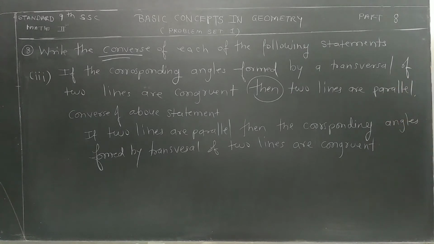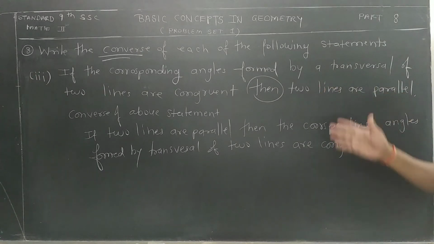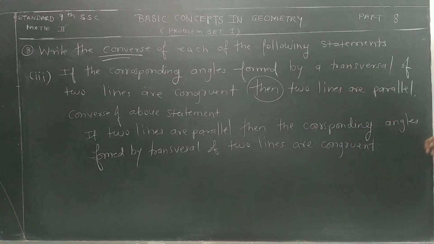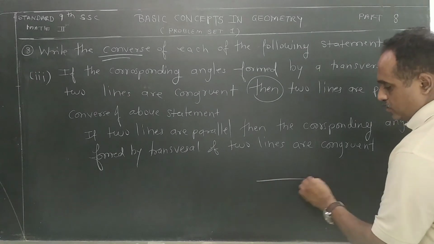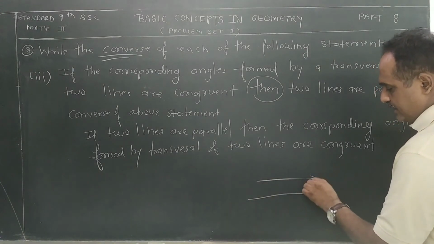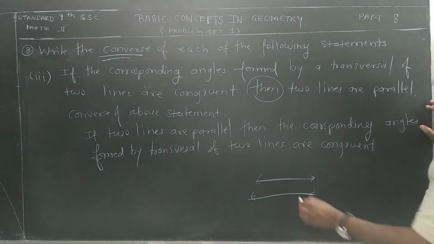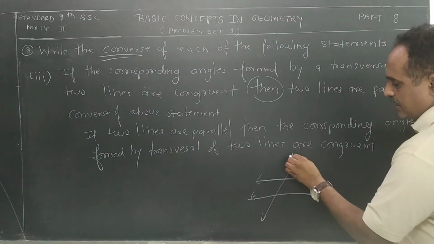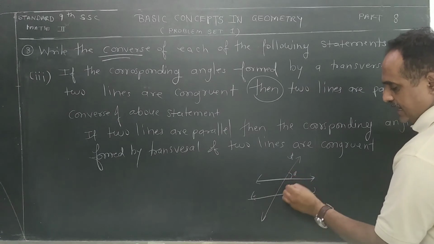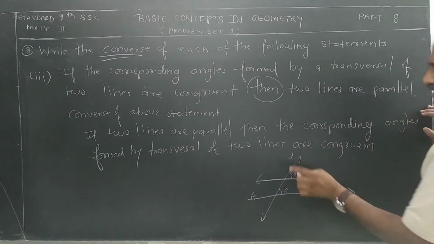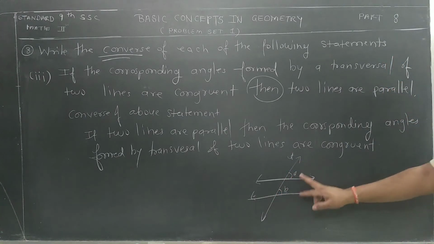This is a statement. Actually, you should know the meaning of it. But if they ask the question, then you have to write it this way. I'll tell you, when two lines are parallel, I know that the two lines do not intersect, and this is called what? Transversal. So these angles, suppose A and B, are called corresponding angles, and they are always equal.